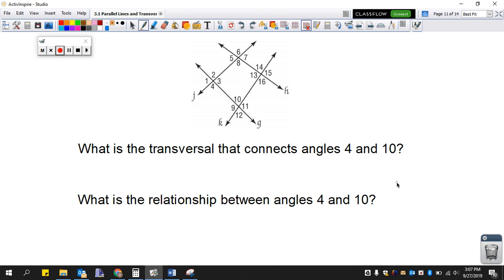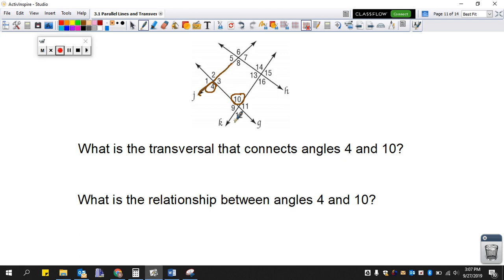So the rest of this lesson is simply practicing these concepts we just learned. What's the transversal that connects angles 4 and 10? Well, 4 and 10 is right there. The transversal is what goes across both of the lines.